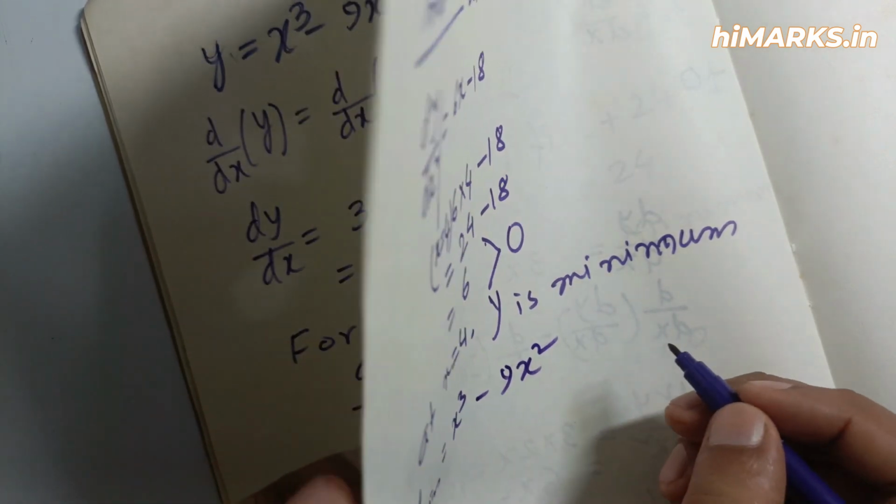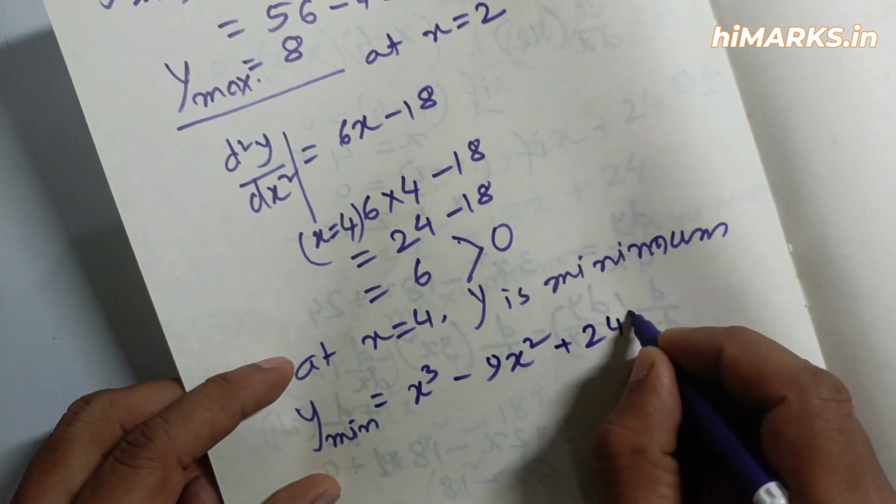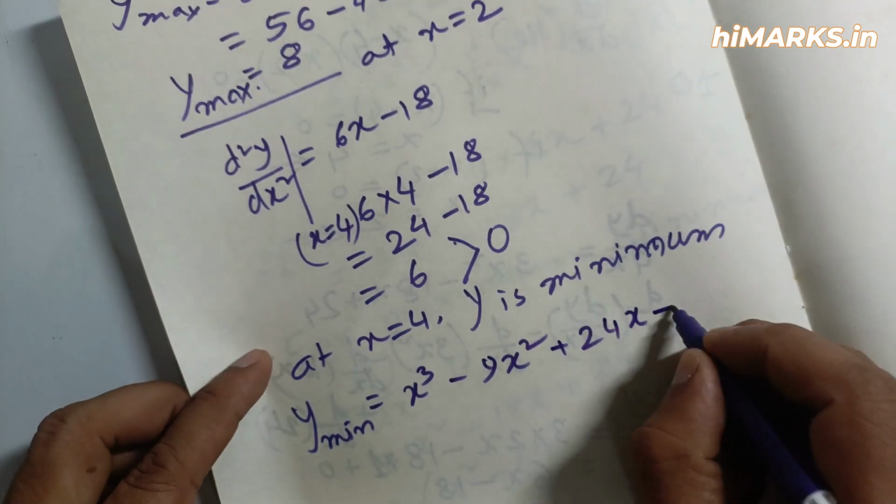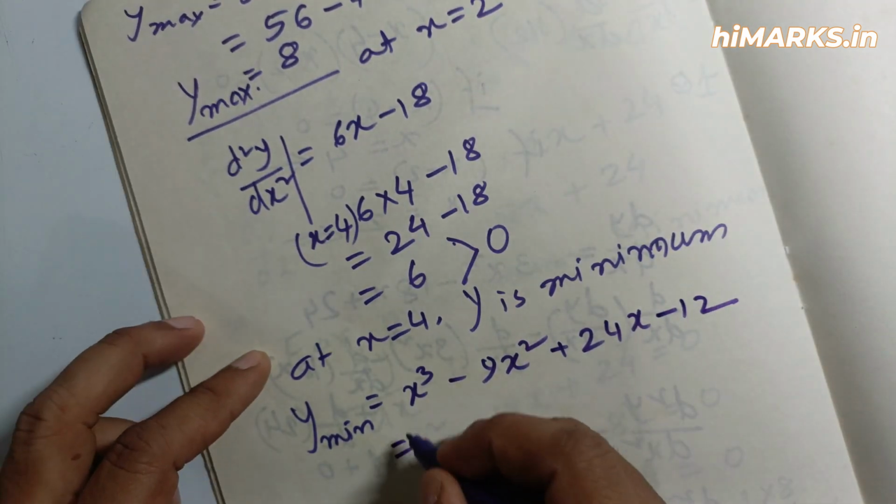So you take the equation and then you put the value x equal to 4 there.